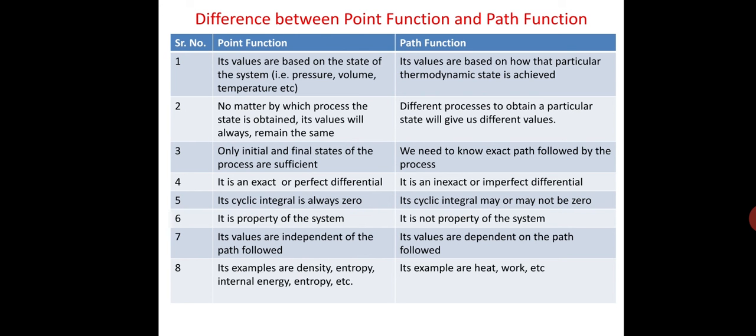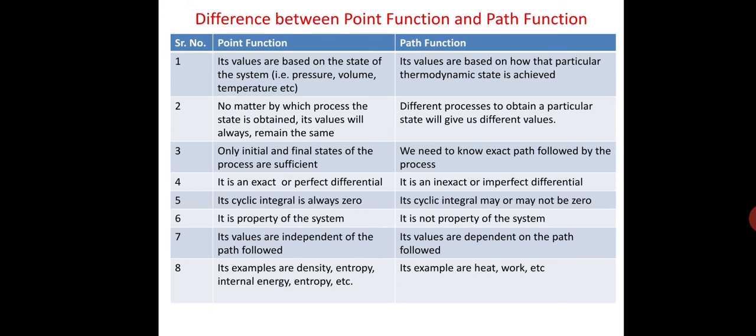Second difference: no matter by which process the state is obtained, its value will always remain the same in case of point function, and in case of path function, different processes to obtain a particular state will give different values. Third difference: in case of point function, only the initial and final state of the process are sufficient. In case of path function, we need to know the exact path followed by the process.